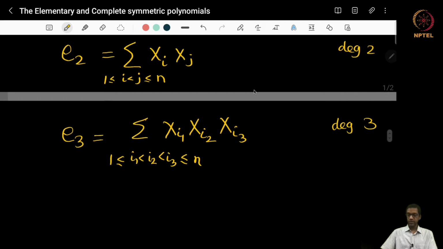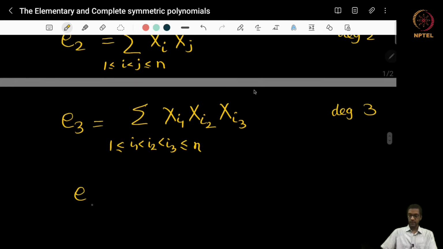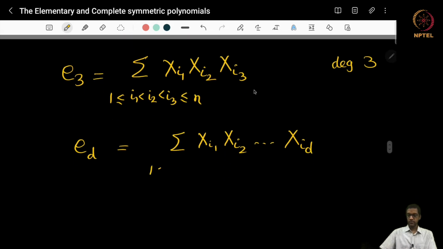Okay, and more generally the degree d elementary symmetric polynomial is defined as the sum of x i1, x i2, up to x id, ranging over all possible numbers i1 less than i2 less than up to id inside the set 1, 2, 3 up to n.